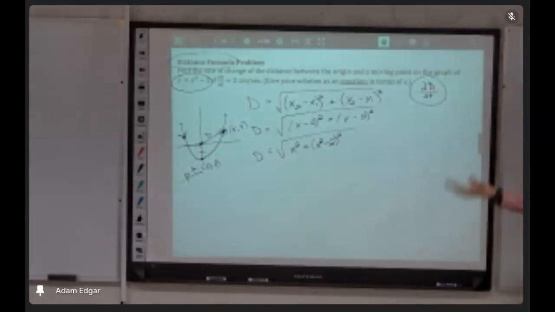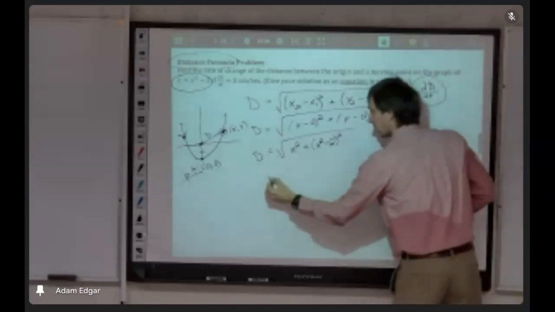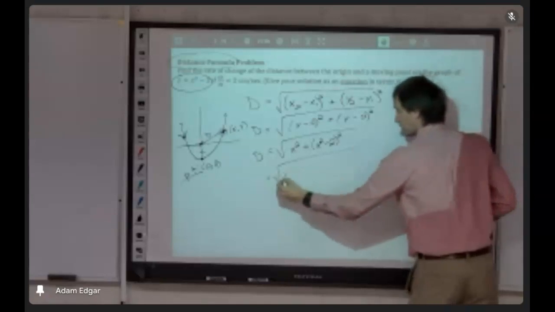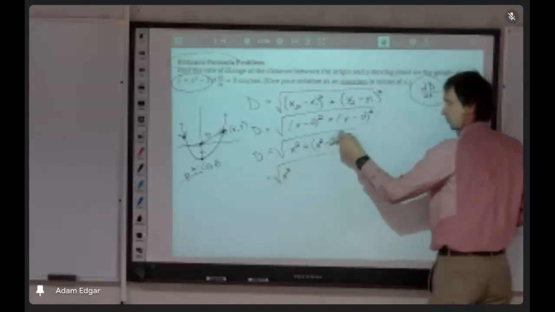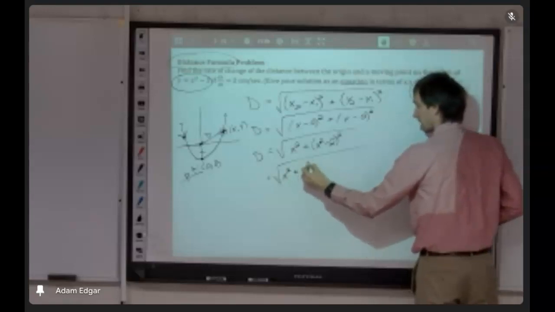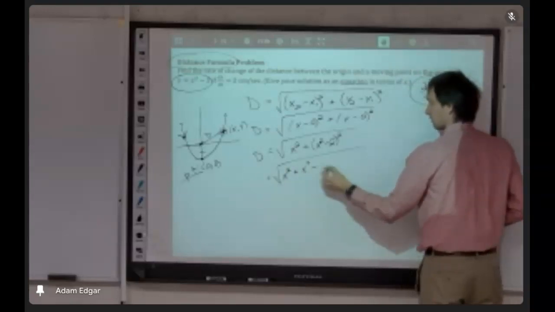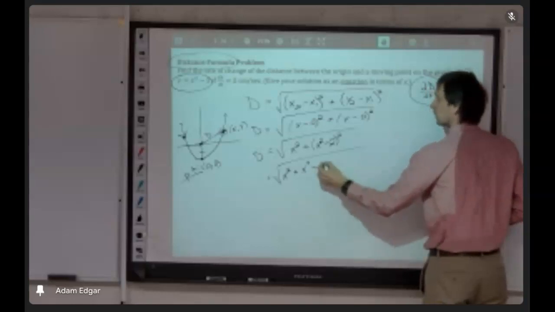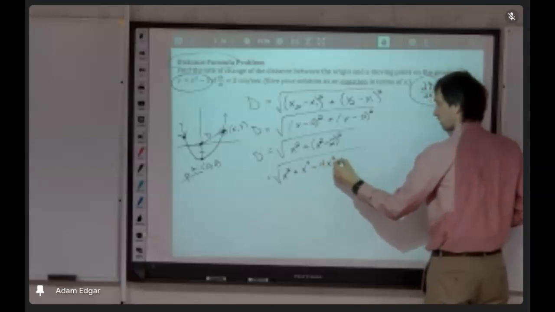Do you want to differentiate it right now, or do you want to clean up inside first? Let's clean up inside first. So cleaning up inside, we have x squared just chilling. And then what's x squared minus 2 all squared? That's a good start. Minus 4x squared, plus 4.